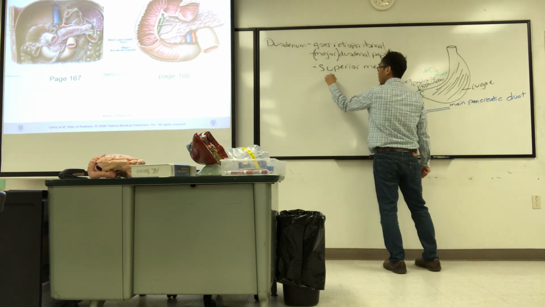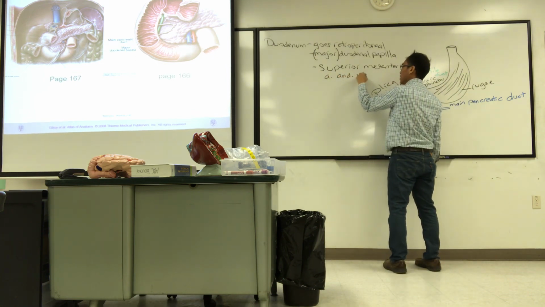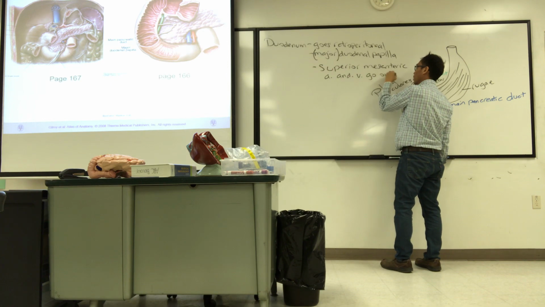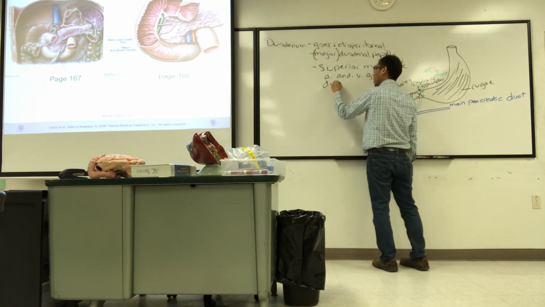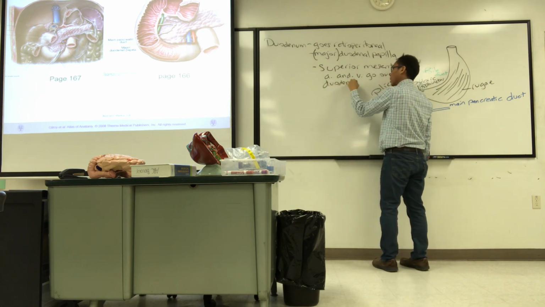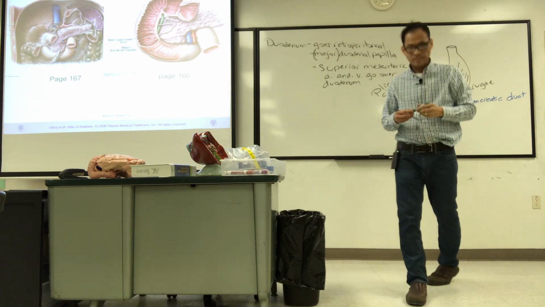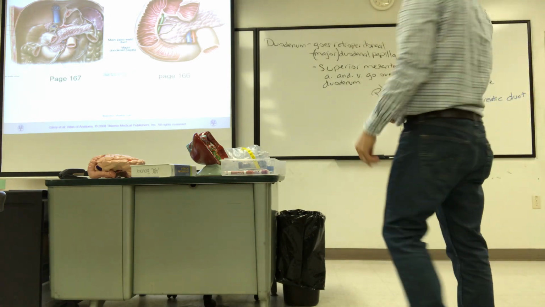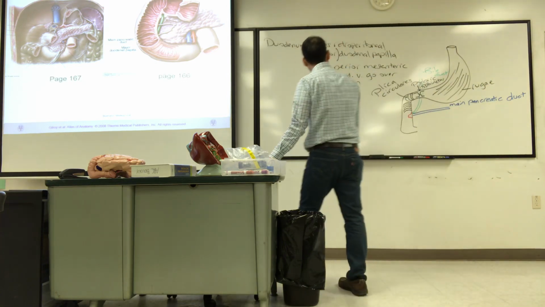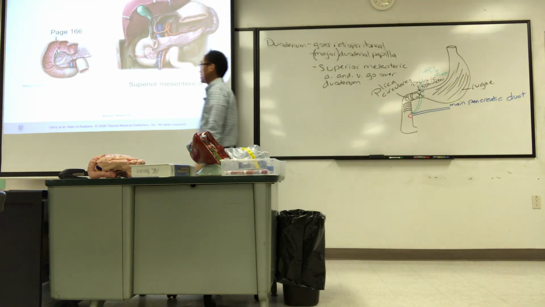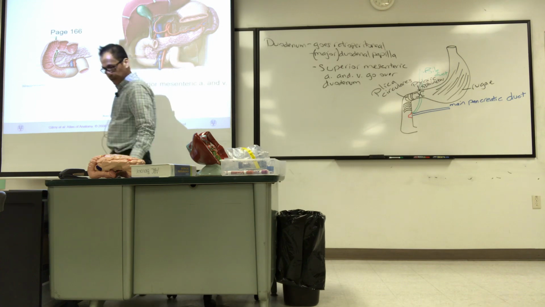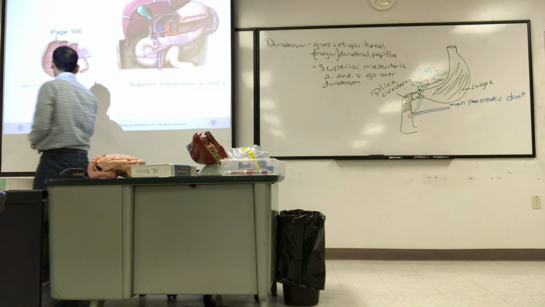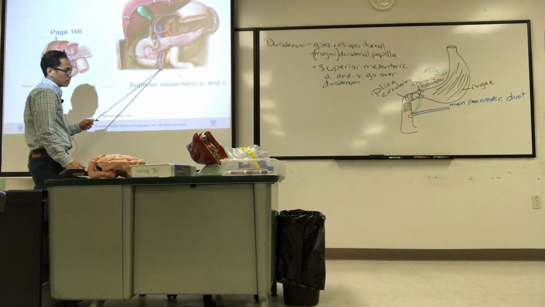Superior mesenteric artery and vein go over the duodenum. So there you see it, and if you see them going over the duodenum, you can identify them. Okay?